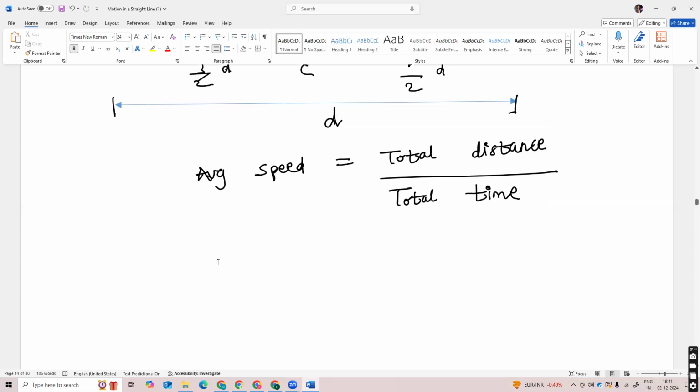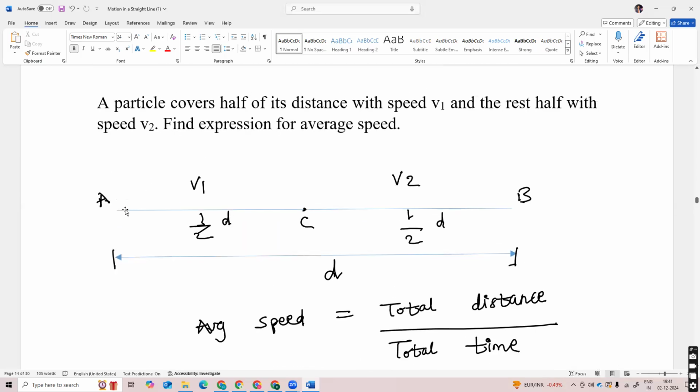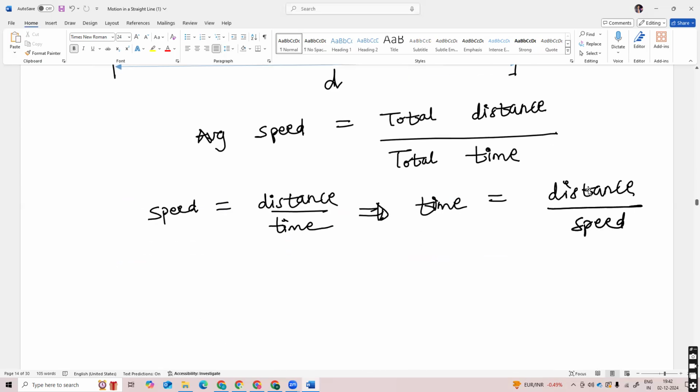We have learned that speed is distance upon time, and therefore time is equal to distance upon speed. So the time taken by this particle to travel from A to point C is distance upon speed.